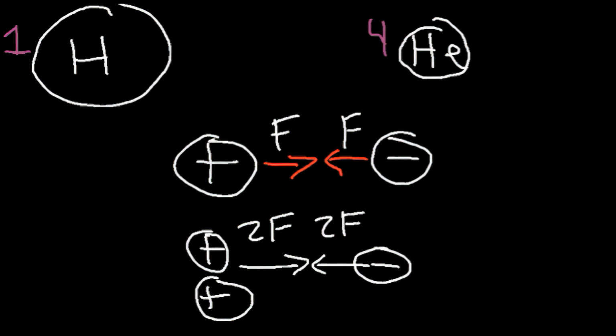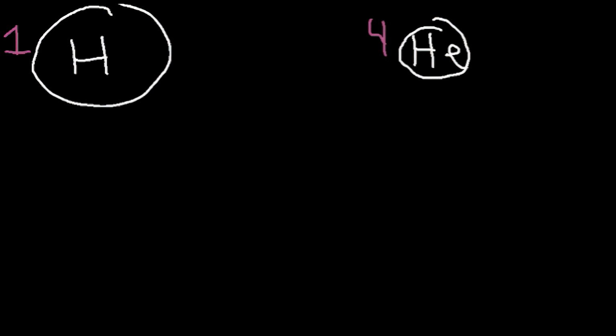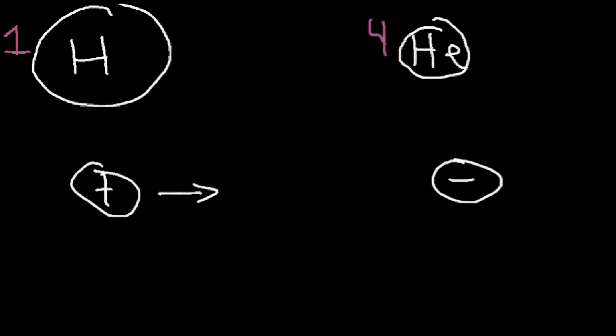The second factor to consider is distance. If you have a proton and an electron that are very far apart, the force that they feel will be relatively weak. But let's say you cut the distance in half.